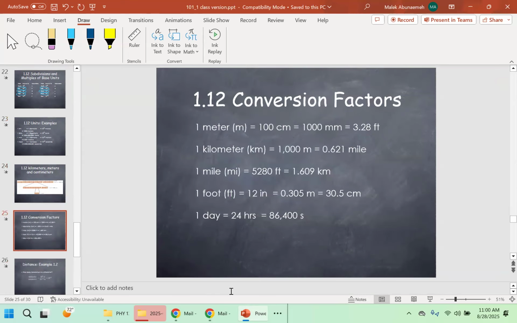Now, your conversion factors. Your 1 meter is 3.28 feet. Your 1 kilometer is 0.621 miles. Your 1 mile is 1.609 kilometers. And 1 foot is 0.305 meters. And a day is 24 hours, or 86,400 seconds. Let me go ahead and write this down.